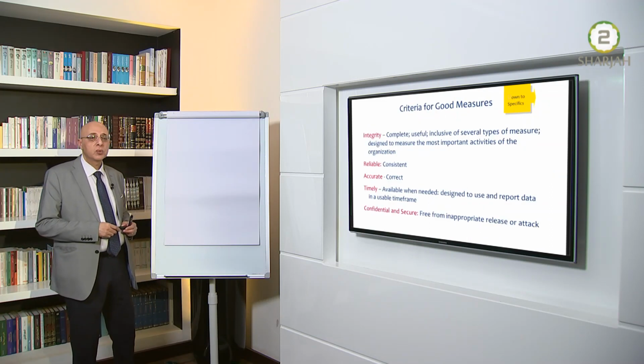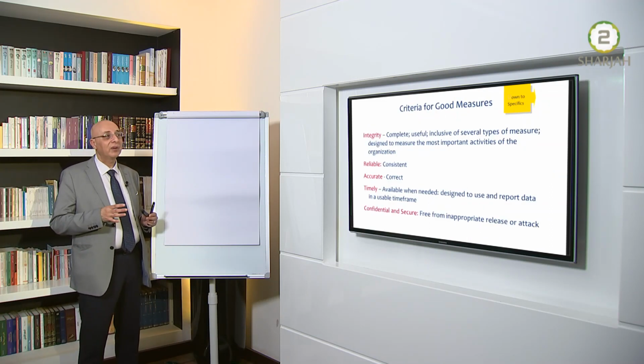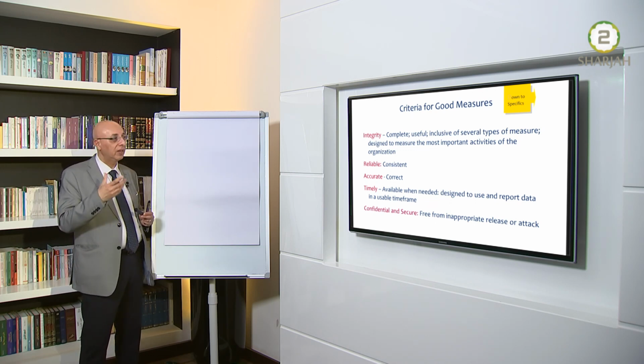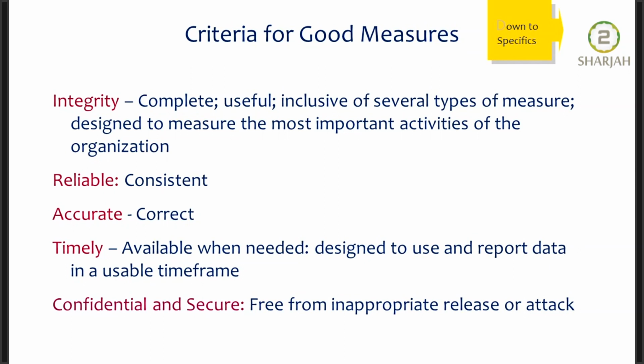But we have to set some sort of measures. What are the criteria for a good measure to make sure that we are moving in the right direction? Integrity: complete, useful, inclusive of several types of measures designed to measure the most important activities.